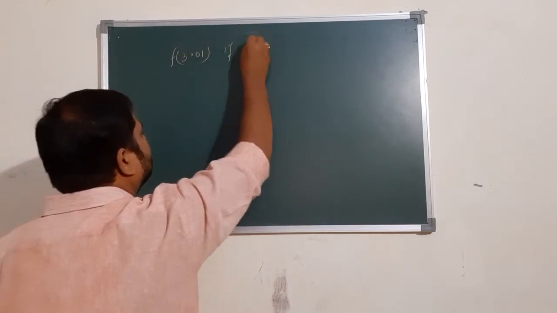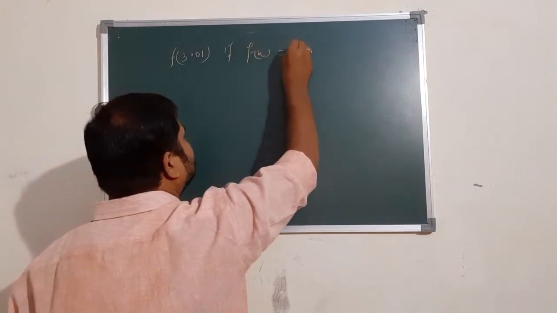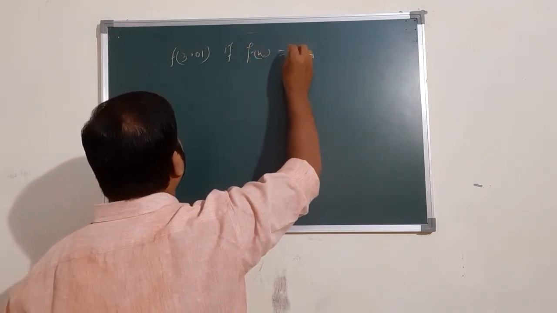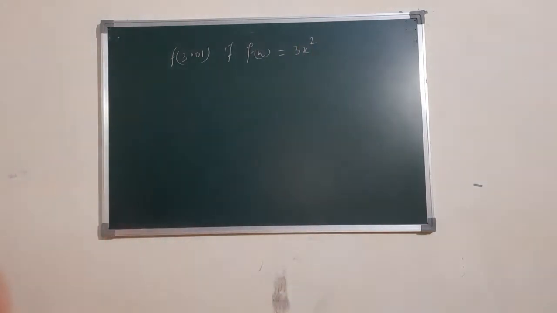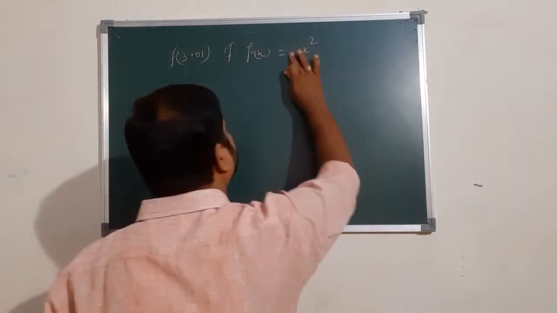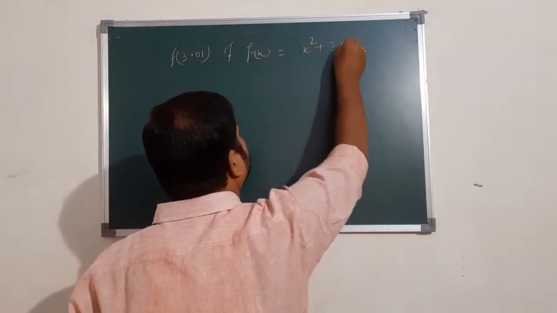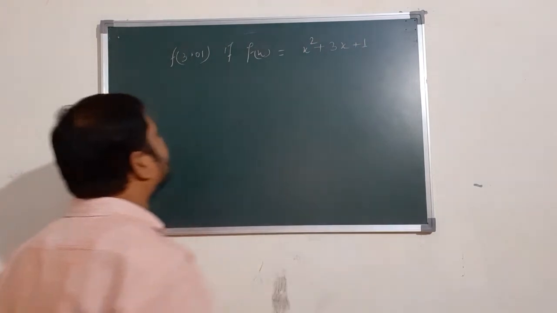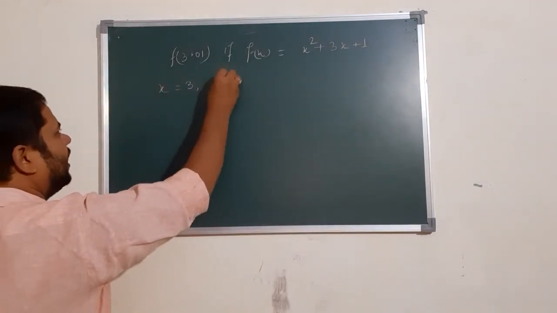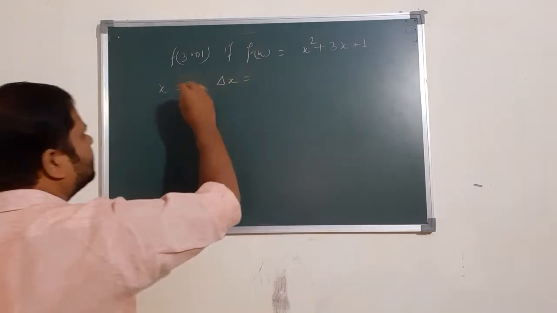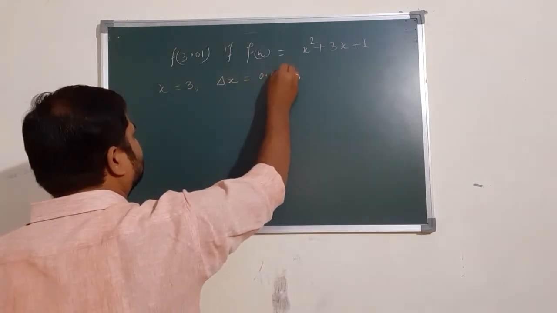If f(x) is x square plus 3x plus 1. So here suppose x is equal to 3 and delta x is equal to 0.01.